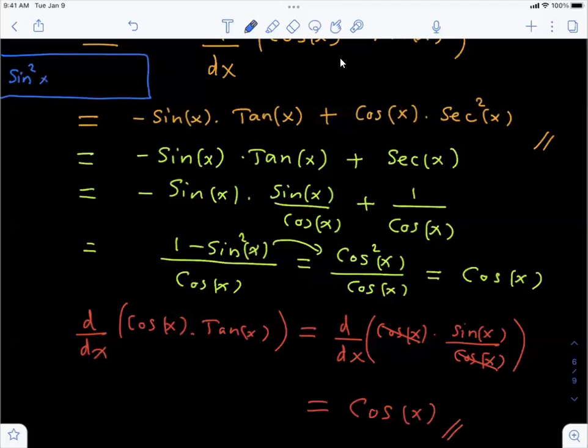Sine square x plus cosine square x equals 1. This is called the Pythagorean identity. So if you move sine square to the right side of that equation, you end up getting cosine square equals 1 minus sine square, and that is the replacement that I used here.